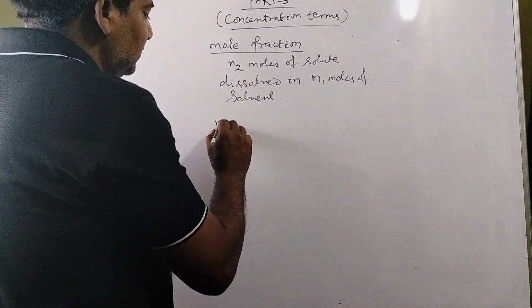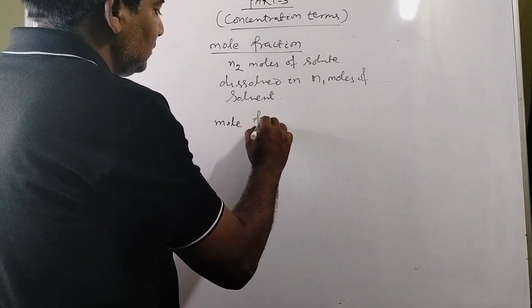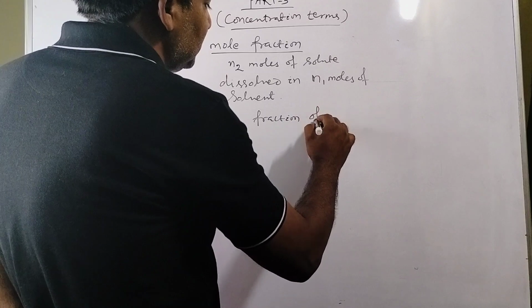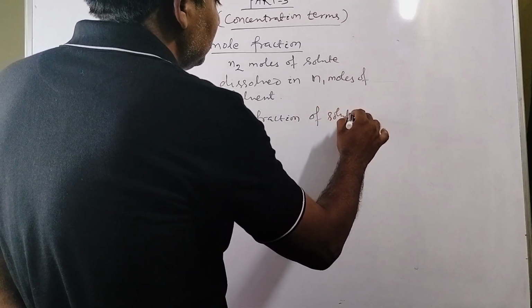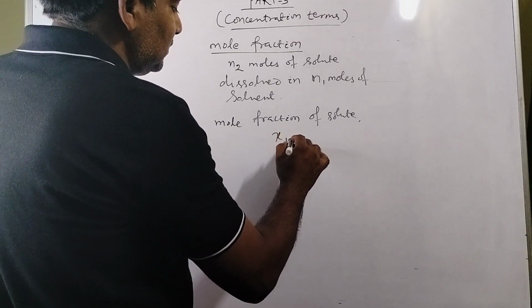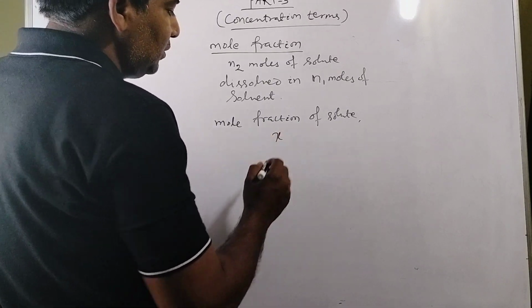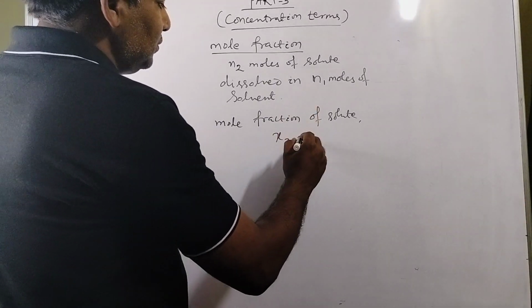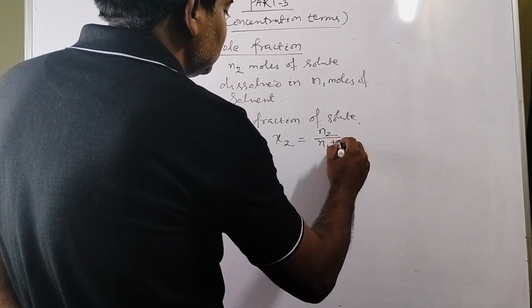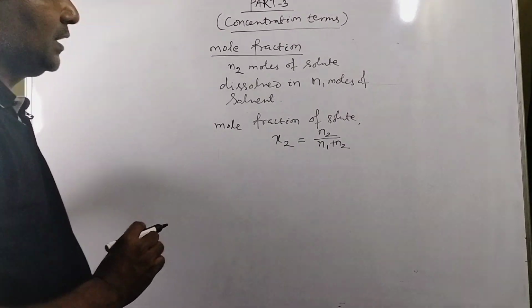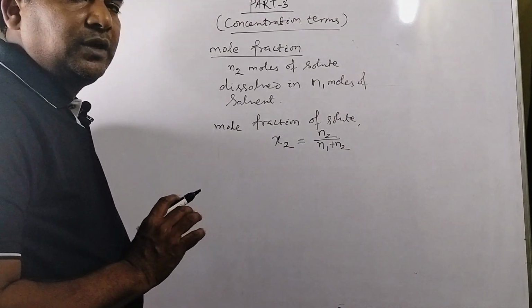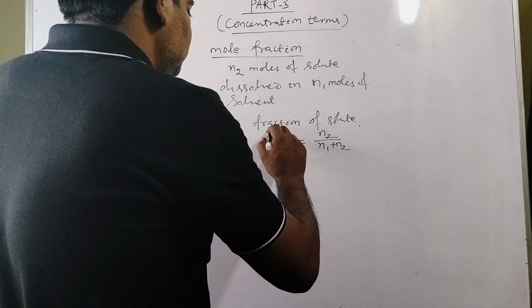So mole fraction of solute is given by x2 is equal to n2 by n1 plus n2.